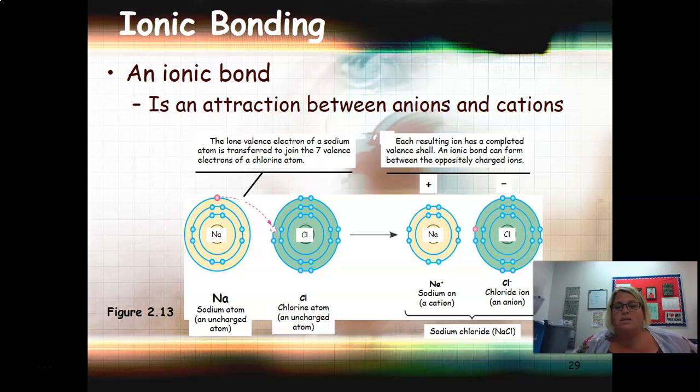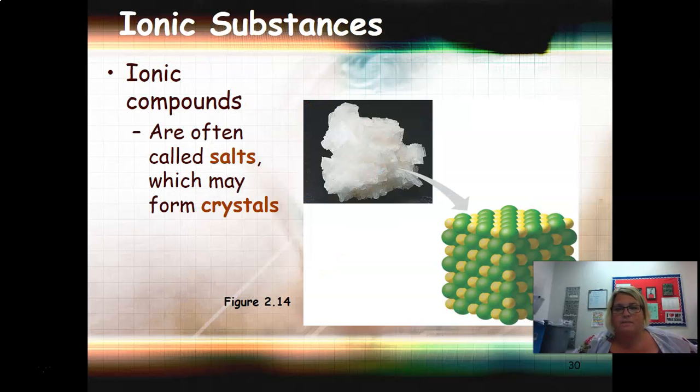So once it does that, it pulls that outer electron from sodium, and sodium is now positively charged. And since chlorine took that electron, it's now negatively charged. I want you to think, ionic compounds are often called salts because they form crystals.